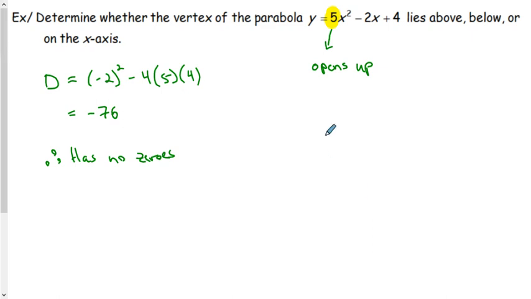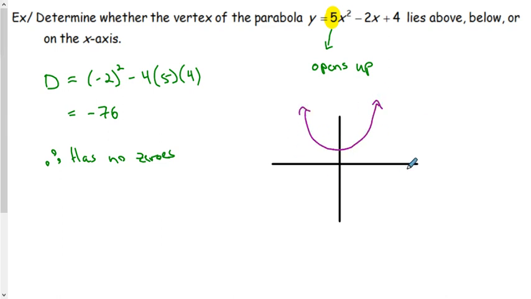So what does that look like? Well, let's draw our axis here. There we go. Now I notice it opens up, and it does not touch the x-axis. That means it's going to be something like that.